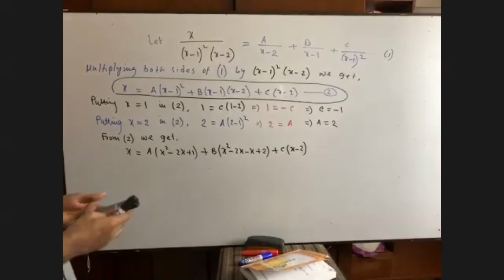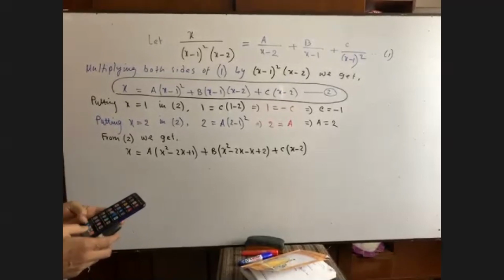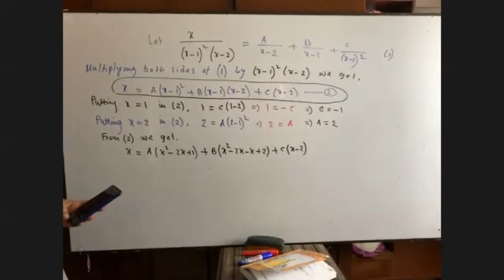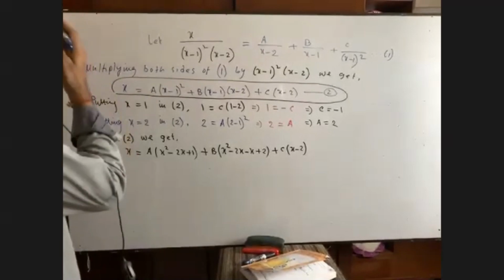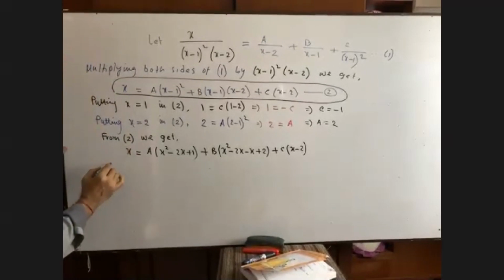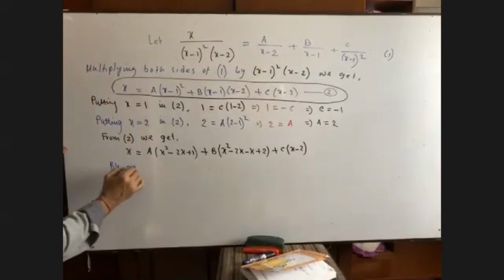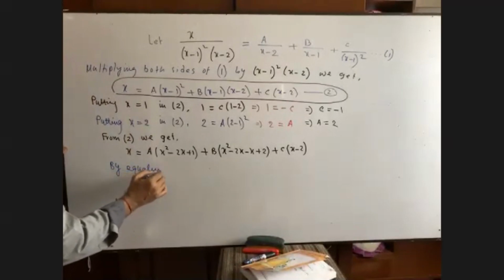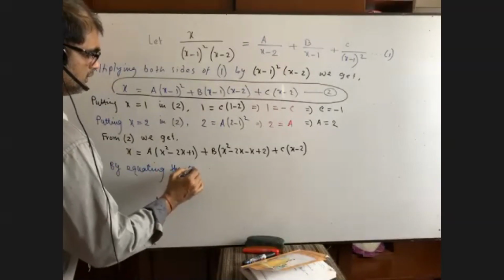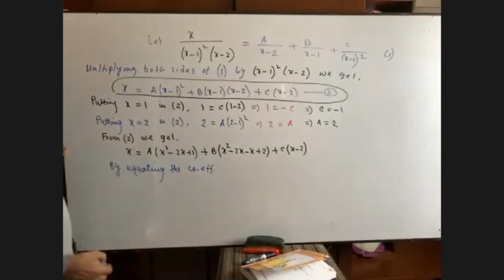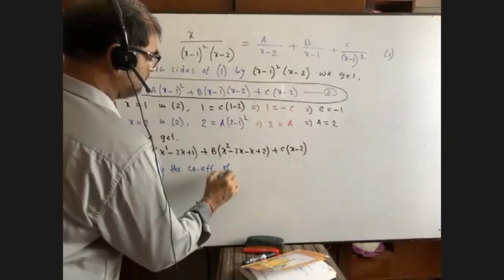What I told you then? Sir, from equation 2, by equating. Can you remember the word? By equating. Write down by equating the coefficient of x square.